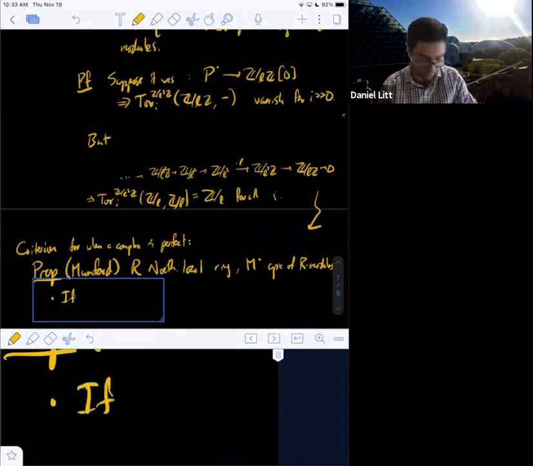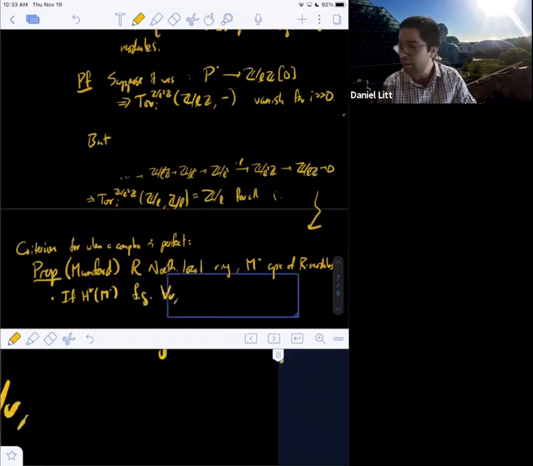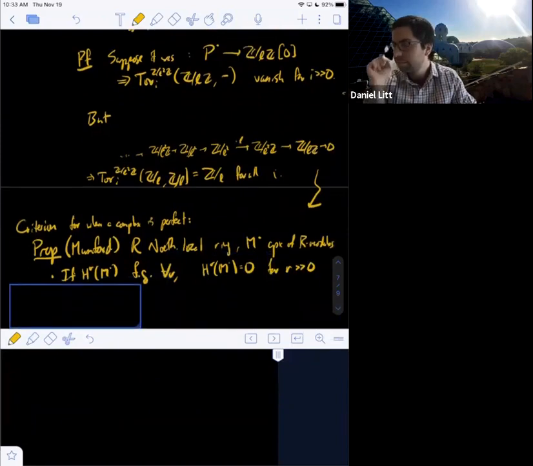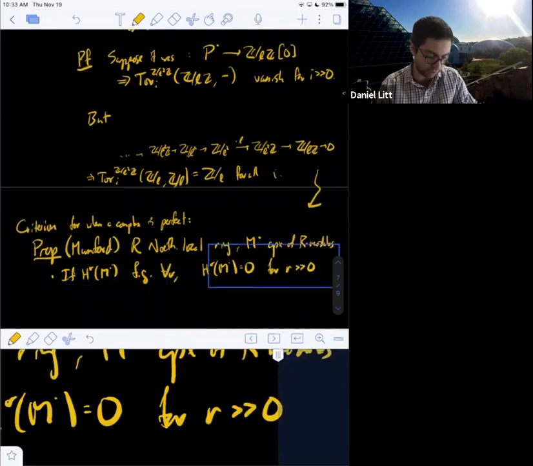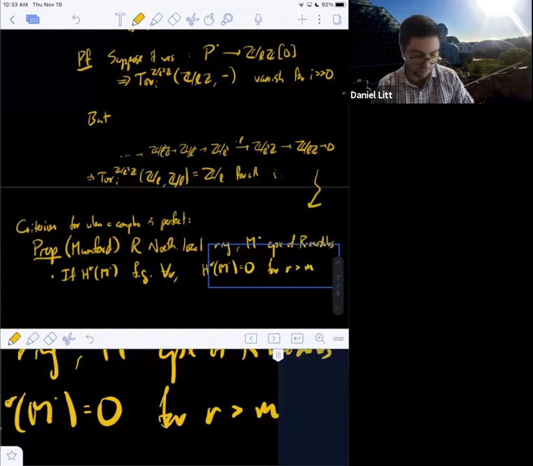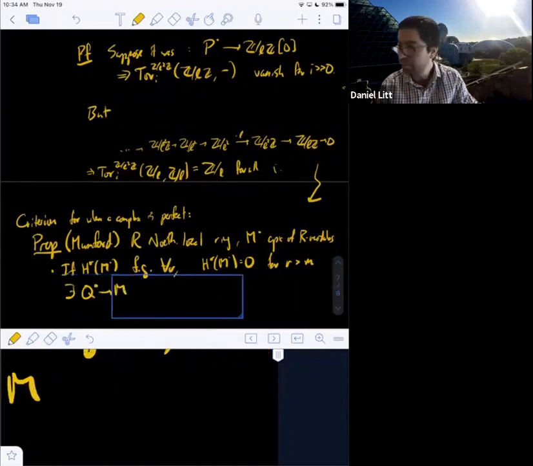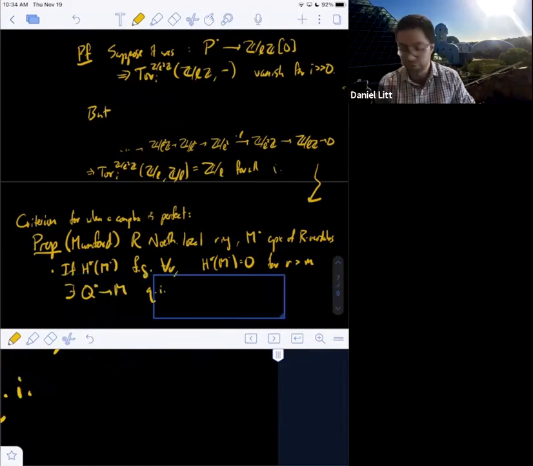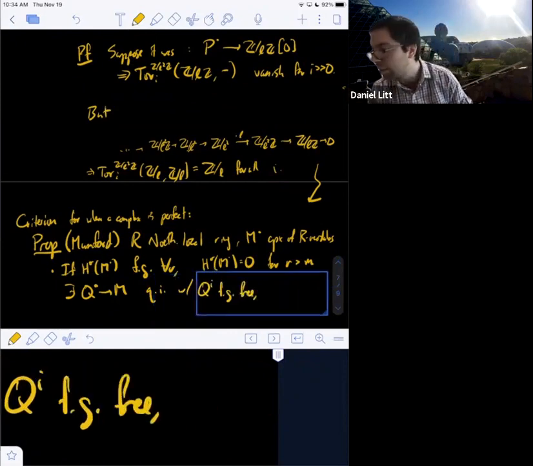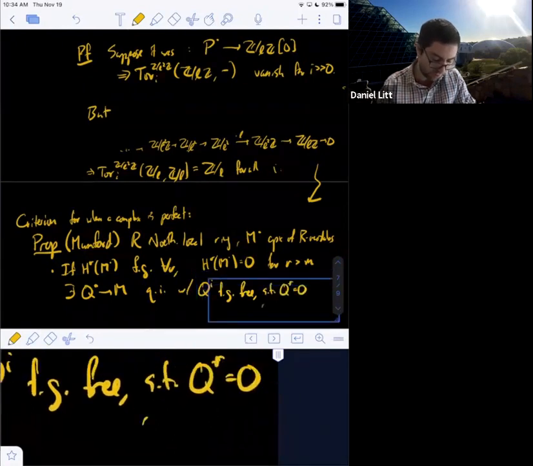So if the cohomology H^r of this complex M is finitely generated for all r, and H^r of M equals 0 for r very big, let's say for r bigger than some m, then there exists a complex Q mapping to M, which is a quasi-isomorphism, with each of these Q^r finitely generated and free, and such that Q^r is actually just equal to 0 for r bigger than m.